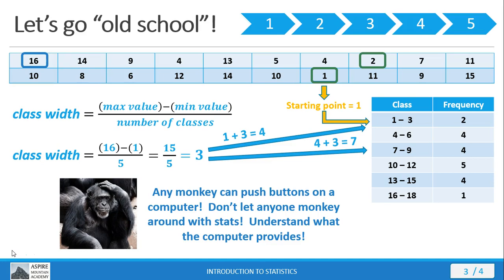The intention here is to gain a greater comprehension for whatever output the computer provides. So don't let anyone monkey around with stats, or anyone monkey around with you with stats. Understand what the computer provides.